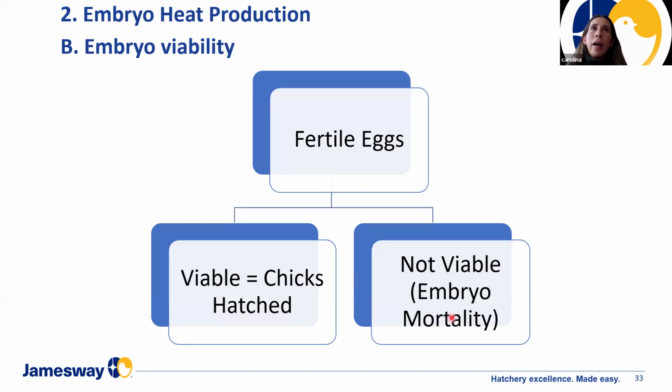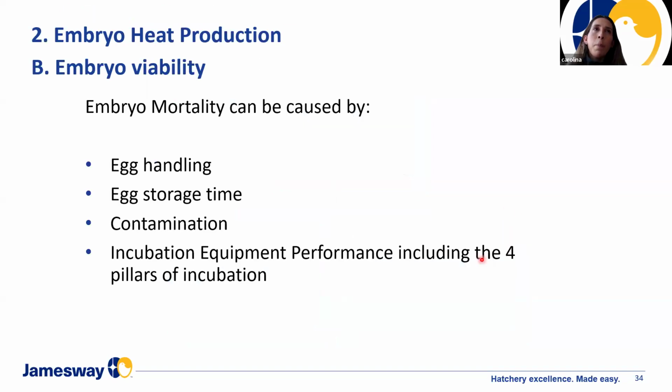All right, so on embryo viability, we can just split the eggs into 2 groups. Viable chicks that will hatch, or non-viable chicks, which is the mortality, or the embryos that we pull out from the residue breakout.